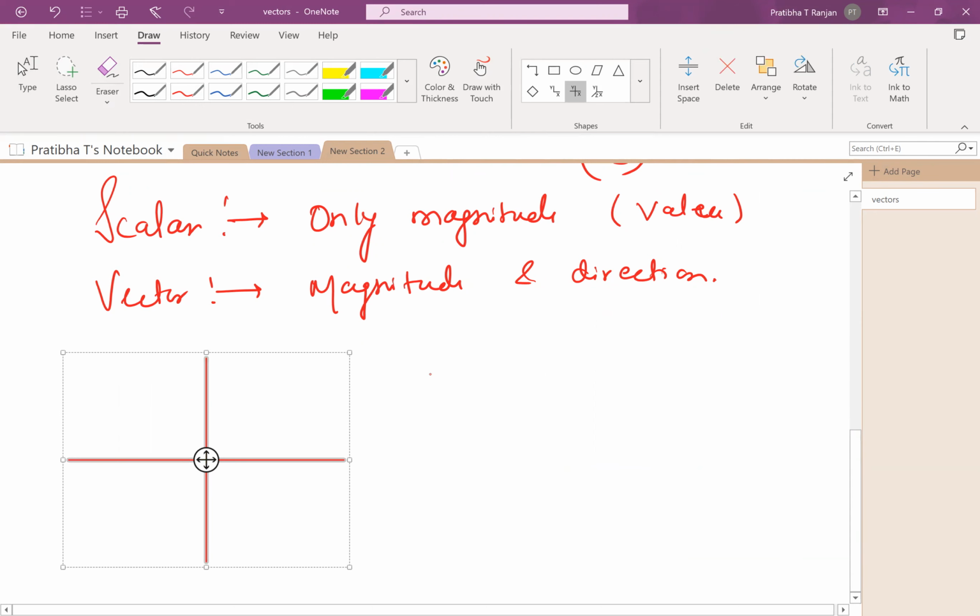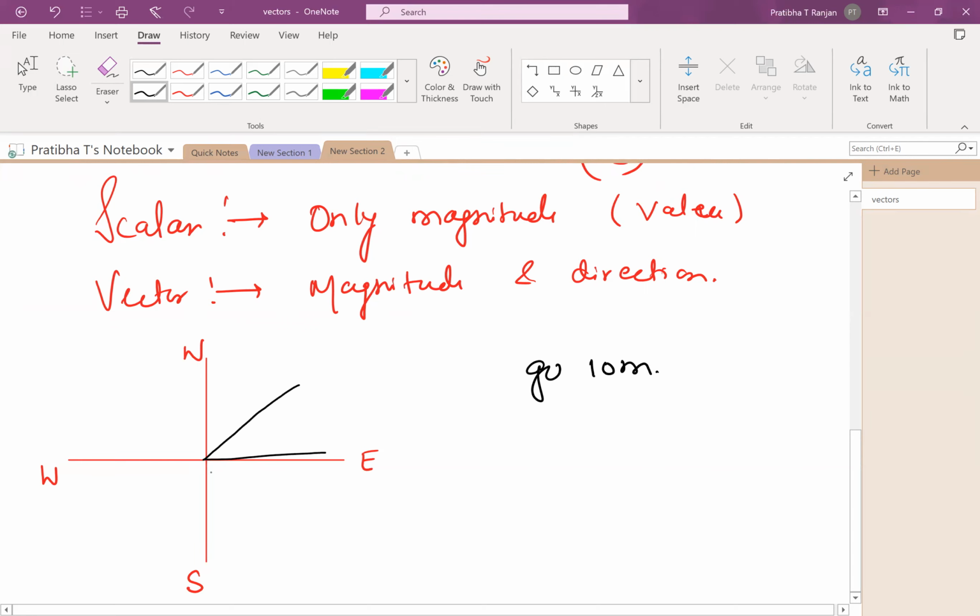So this is my east, this is my west, this is my north, and this is my south. If I say go 10 meters, you can choose any of the directions. You can go in this way, this way, this way, any way, without any direction.